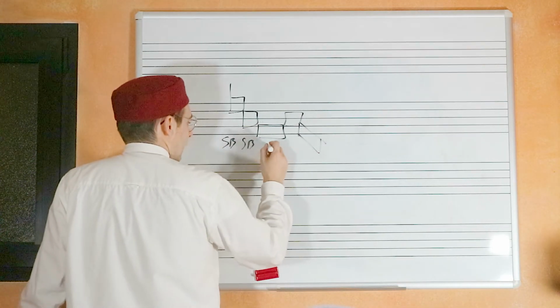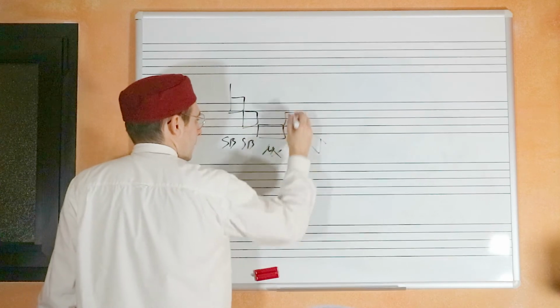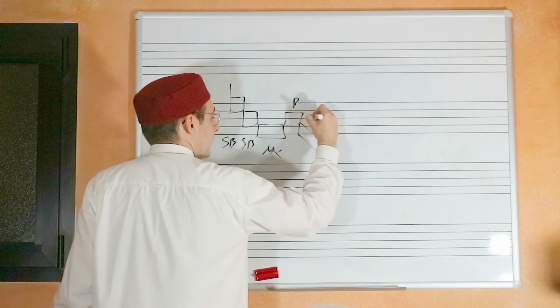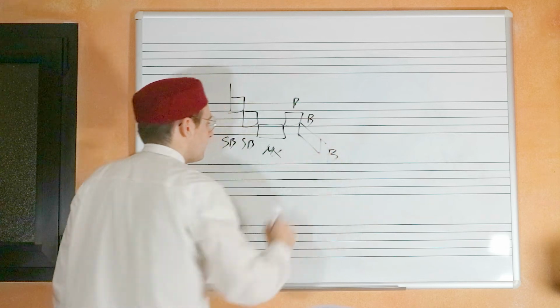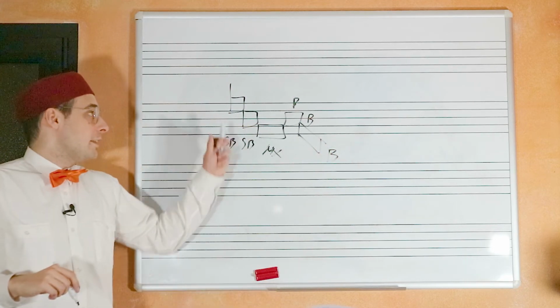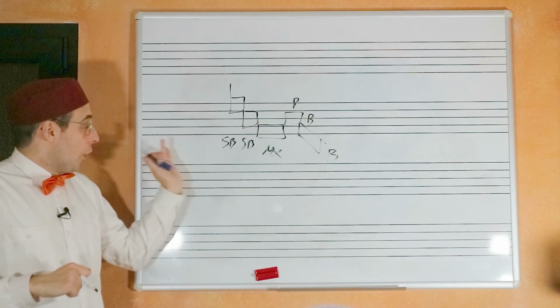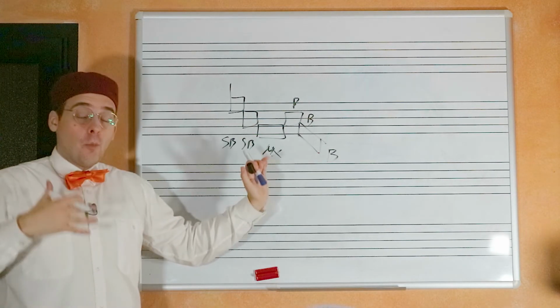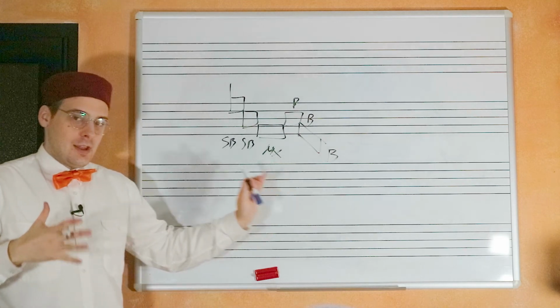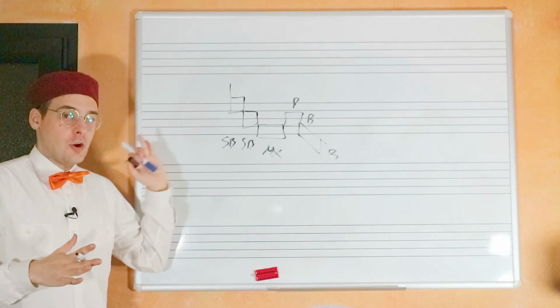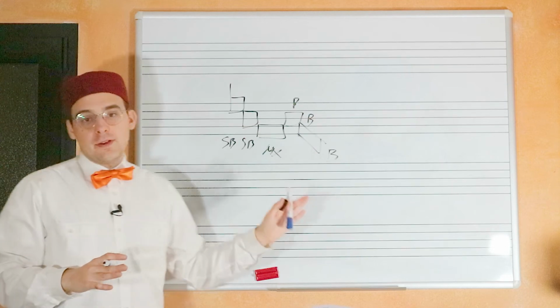So, maxima, brevis, brevis, and brevis. Remember that the vertical left line at the beginning of a ligature of more than two notes transforms only the first and the second note, not the others.